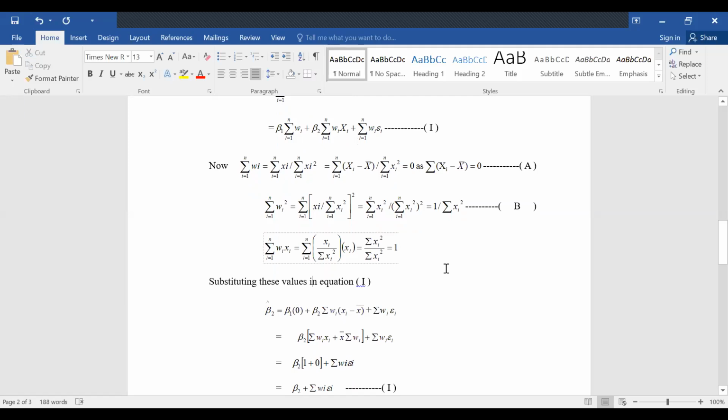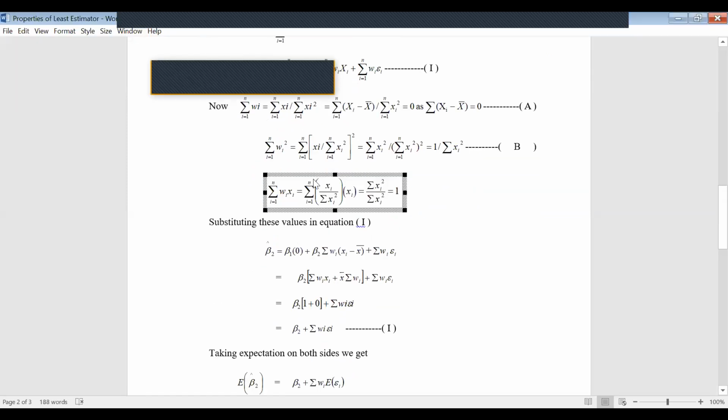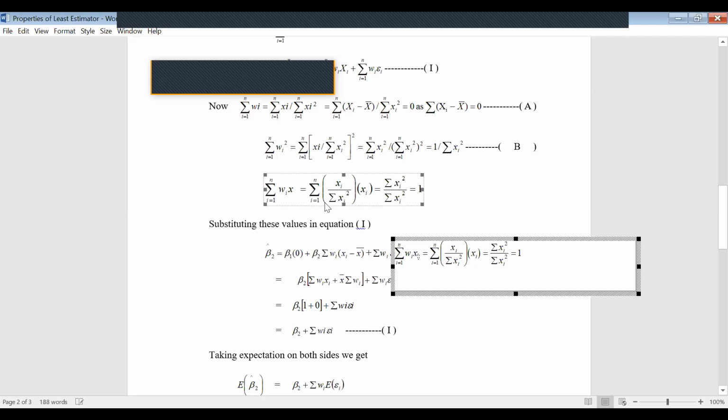So let me explain over here. Actually, this is not the small xi, but rather it is the capital Xi.